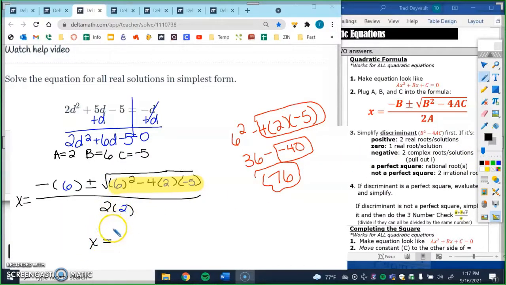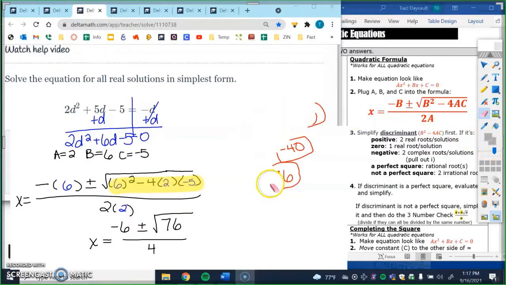All right, so let's plug that in. -6 plus or minus the square root of the discriminant all over 2a. Now, is the discriminant a perfect square? No, there is not a number that I can multiply by itself to get 76.